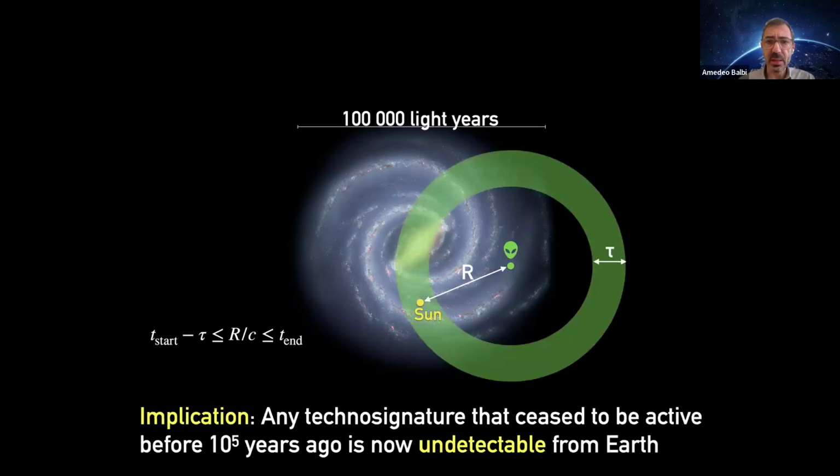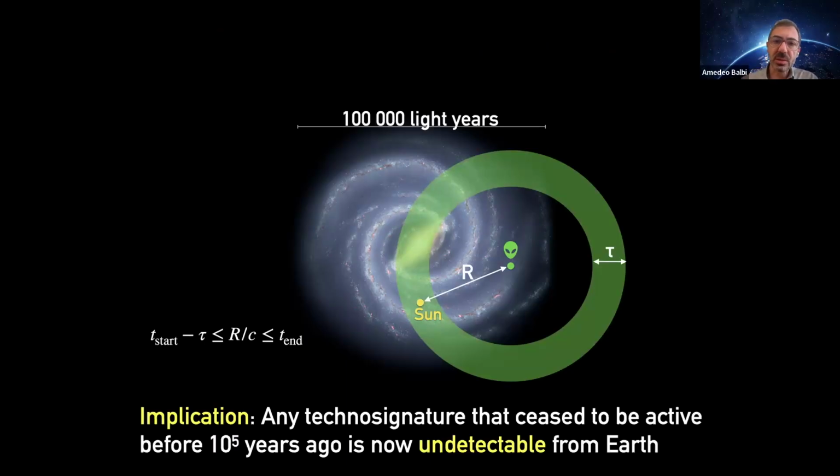By the causal constraint for detectability, this implies that if any technosignature ceased to be active before 10^5 years ago, we cannot detect it now, because its signal reached us in the past and went away.